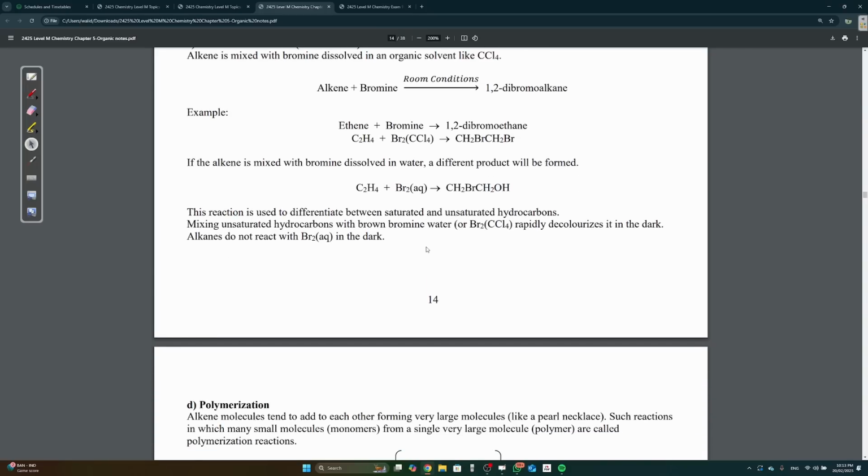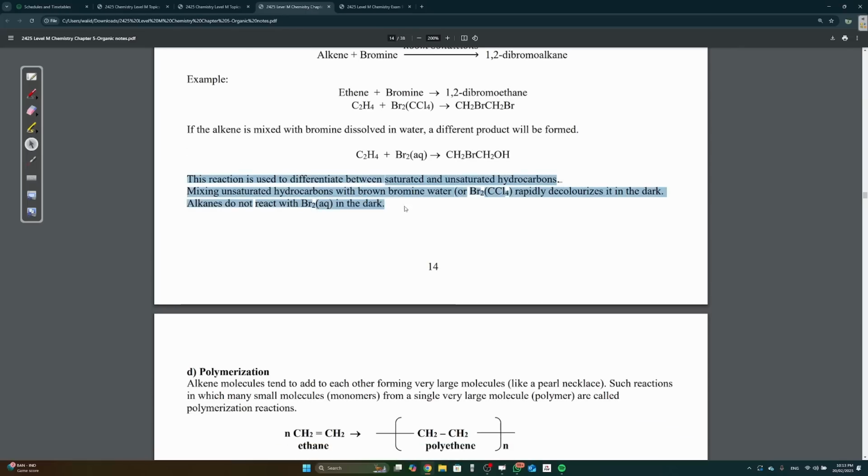This is different from the bromination, chlorination, and fluorination for alkanes. How can you tell it's different? Because this one can work in the dark. The one for alkanes can't work in the dark. Remember, it needs the presence of UV light. So this one can work in the dark.